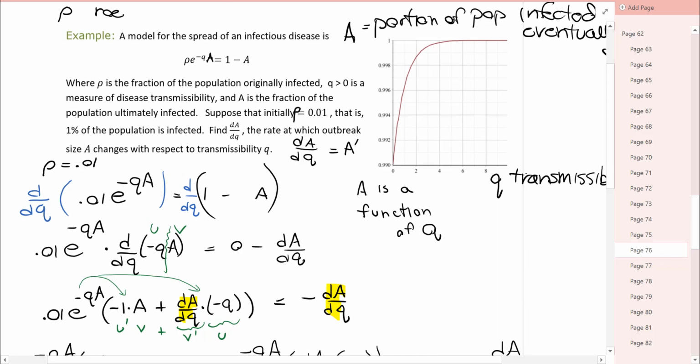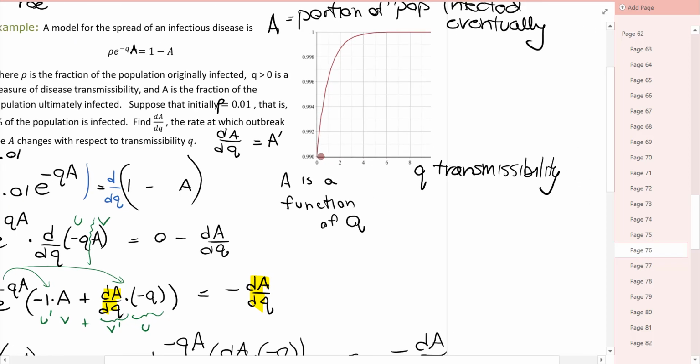So you can see if the disease is not very easily transmitted, like if it's got a small transmissibility, wow, it still looks like 1 out of 100 people, according to this model, you'd still get 99% of the people getting the disease. So I'm not sure.